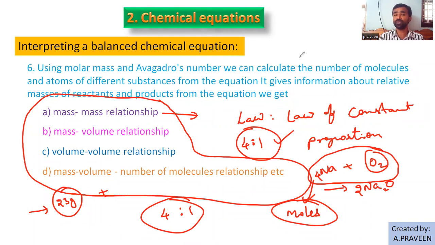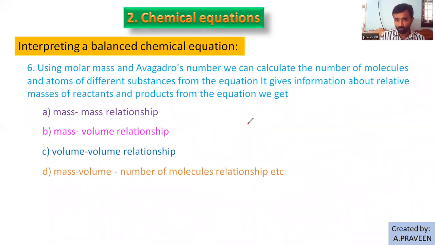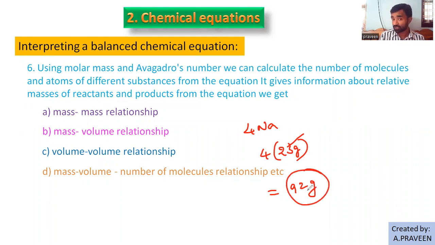4 moles of sodium means what? 4 into 23 grams. So 1 mole equals 23 grams. 4 moles equal 4 into 23, that is 92 grams. So 92 grams of sodium reacts with oxygen, O2, with only coefficient 1.